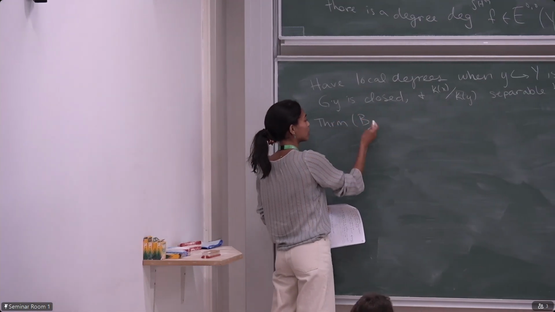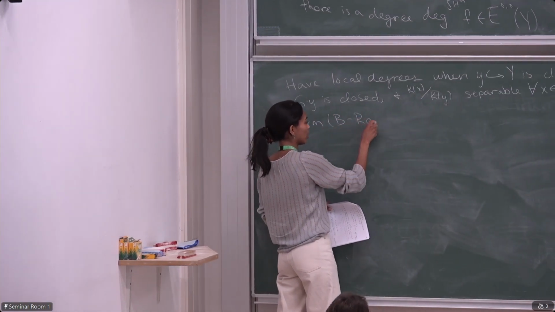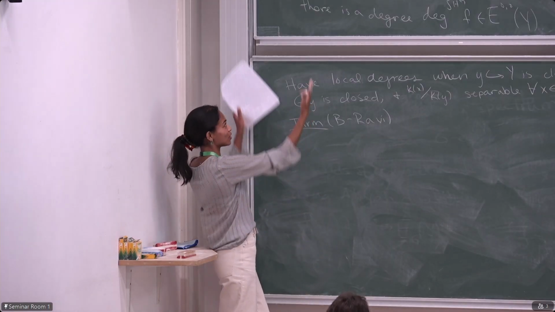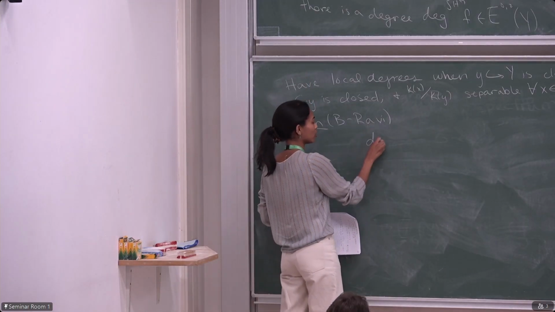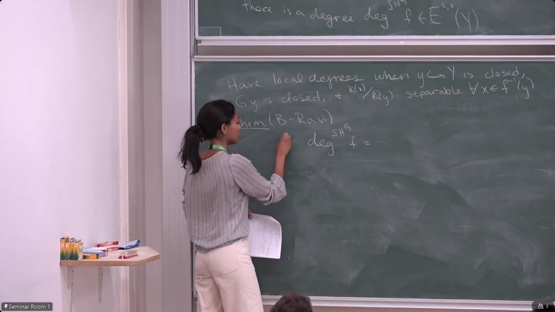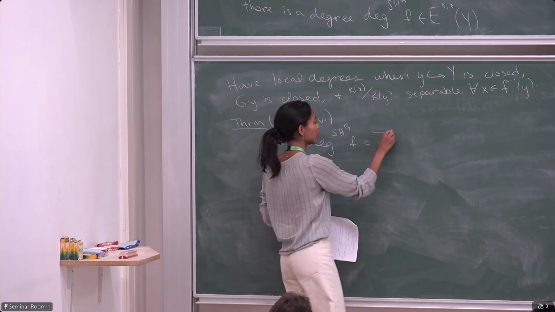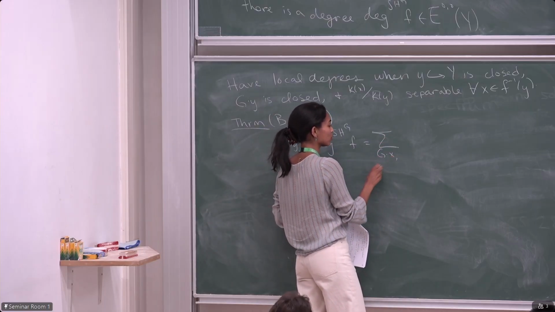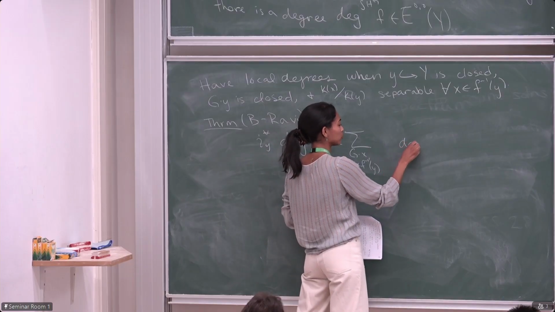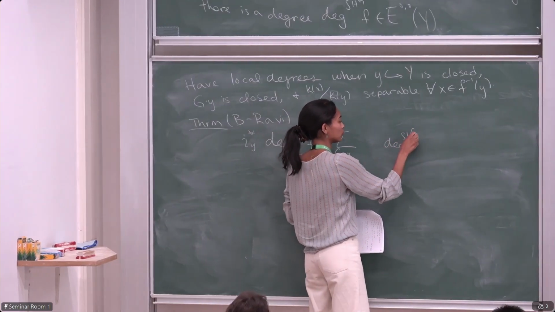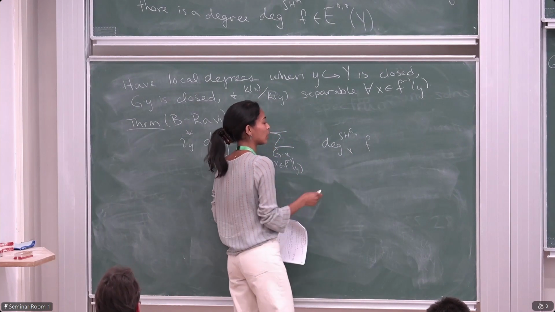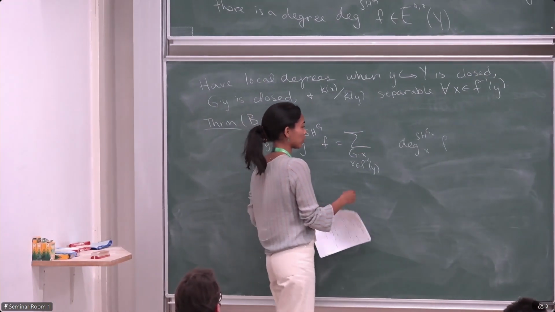It's a theorem due to myself and Shranya Ravi. I'm not going to write down all the assumptions, but it's this: the degree can be computed as a sum over orbits of local degrees. And we need another transfer.